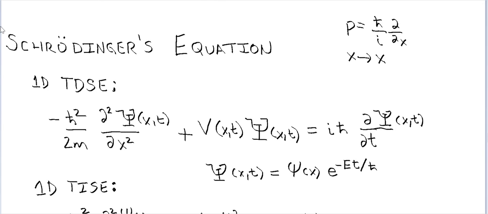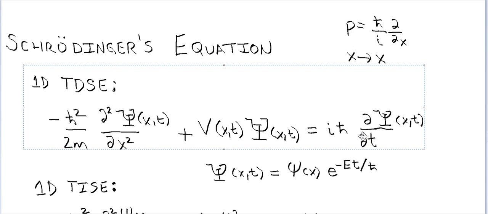Okay, so now let's turn to the Schrodinger equation. And I'm not going to derive this for you. In fact, you don't see derivations of the Schrodinger equation. You see justifications of the Schrodinger equation.